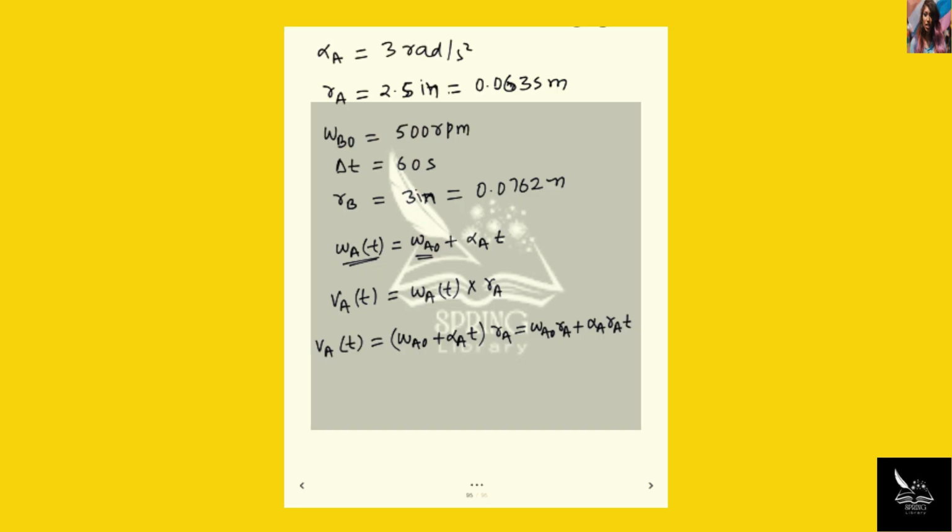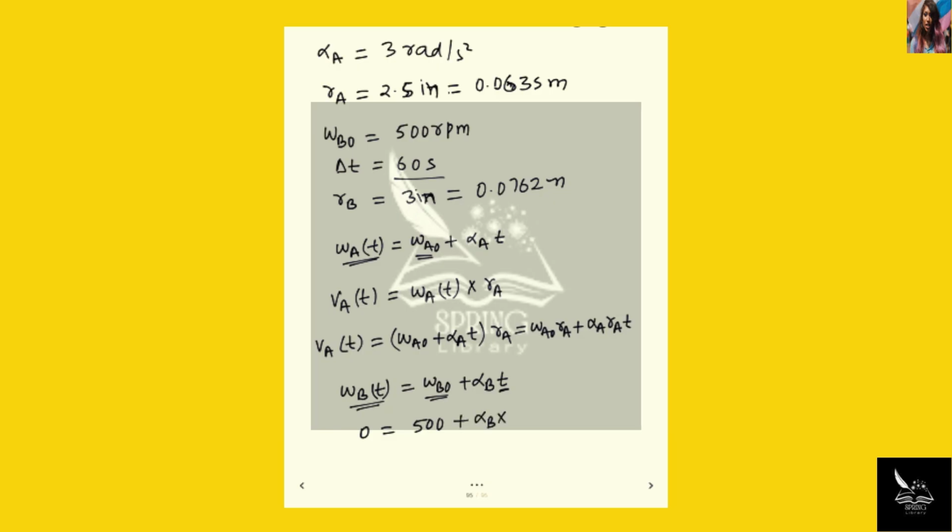Okay, now for the disk B, we can write omega B t equals omega B naught plus alpha B multiplied by t. As we have omega B naught as 500 rpm, and final omega B will be equal to 0 because it is stopping, and time t is 60 seconds.